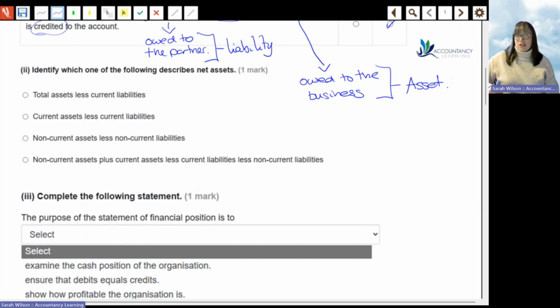For net assets, you need to make sure that you are taking all of the assets and liabilities into account. So we need to add our non-current assets to our current assets and take off both our current liabilities and our non-current liabilities to produce our net assets. So that will be the final answer there.